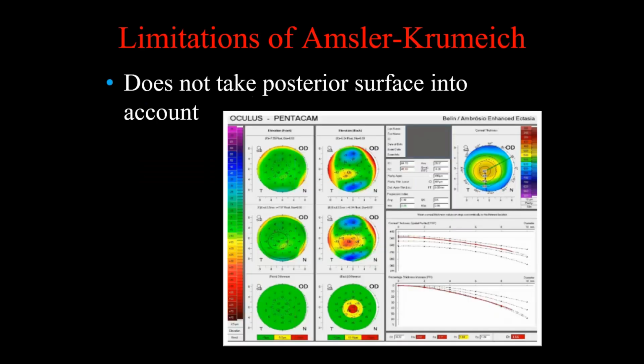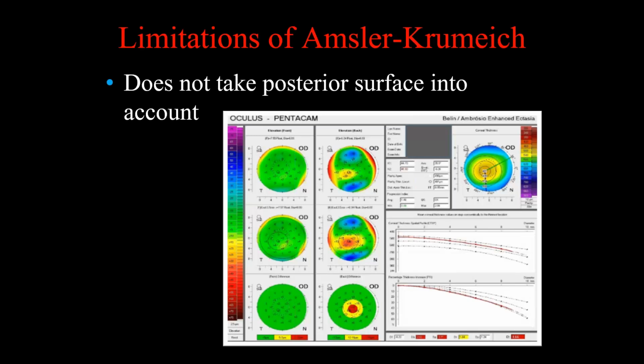But most importantly, the real limitation of Amsler-Krumeich is that it completely ignores the posterior cornea. The reason for that is, again, in the 1940s, we had no way to measure the posterior cornea. Additionally, in the 1940s, we really only had 2 treatments: contact lenses and penetrating keratoplasty. The only time you would intervene other than with spectacles was when the person had inadequate visual acuity, which meant they had changes on the anterior surface.